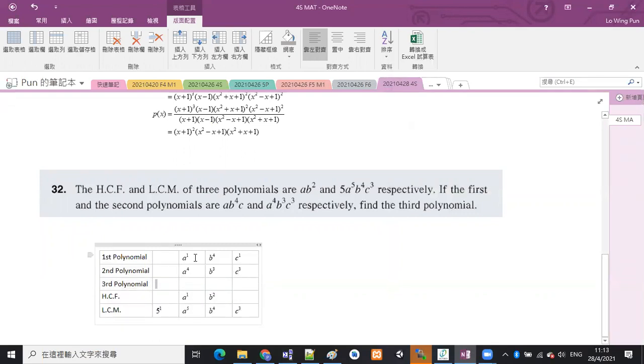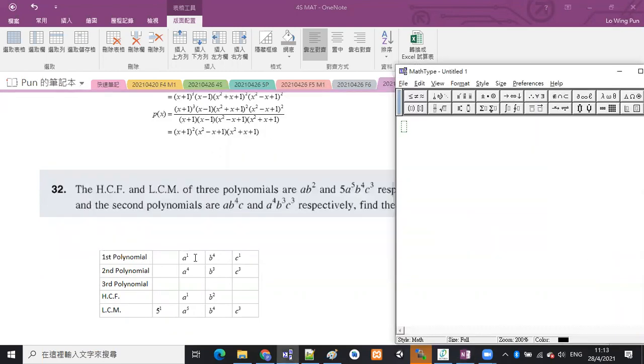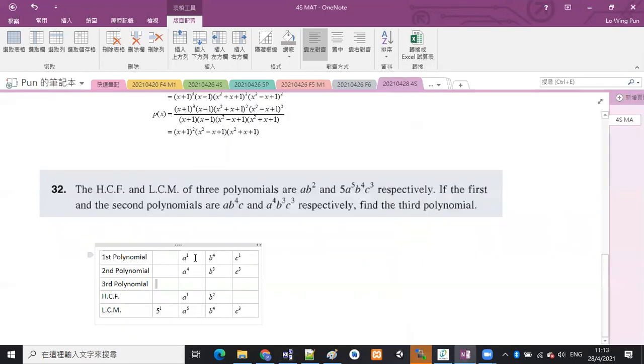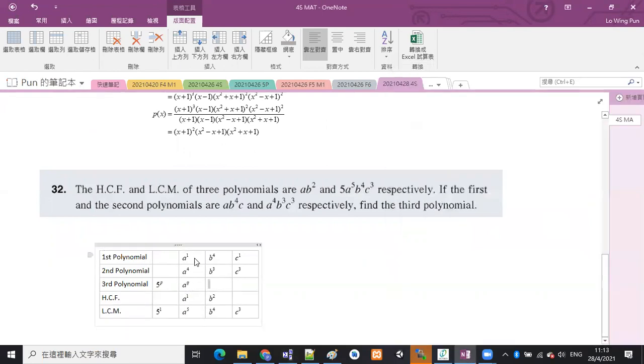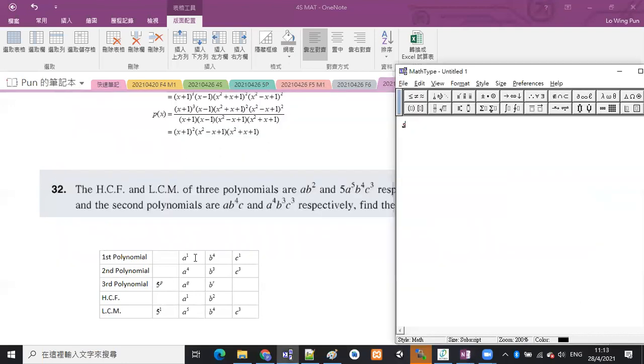Okay, for the third polynomial, we need to let it be... so for each column, we need to consider this. We let it be 5 to the power p, and then a to the power q, and b to the power r, and c to the power s.